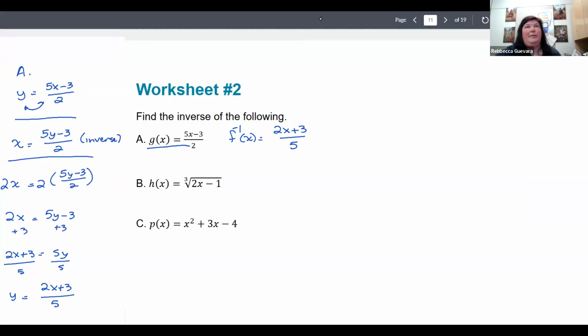All right, so next will be b, which we'll do right here. For b, we're looking at h of x equals the cube root of 2x minus 1. So this one, we're not going to be worried about not having inverses or weird inverses.